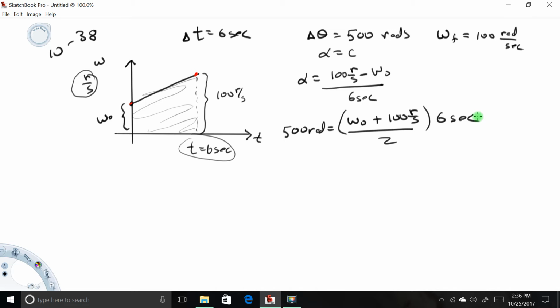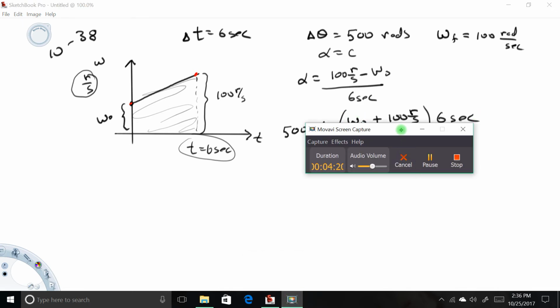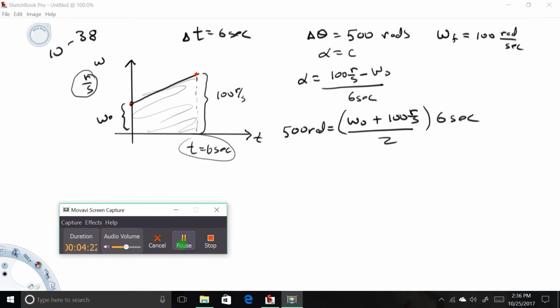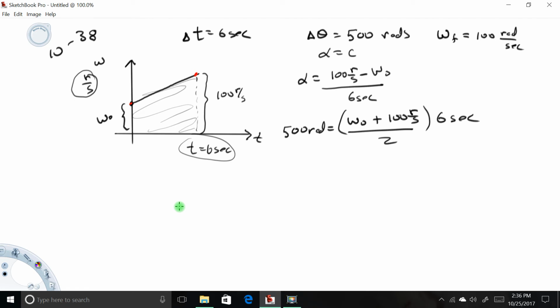So I'm going to pause this video, grab a calculator, and calculate that unknown initial velocity, so I don't lengthen the video. Bear with me. All right, I'm back. That didn't take long. I got an initial velocity of approximately 67 rads per second by solving this equation.